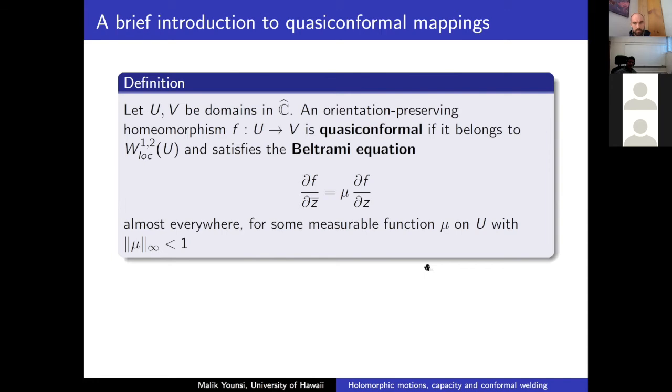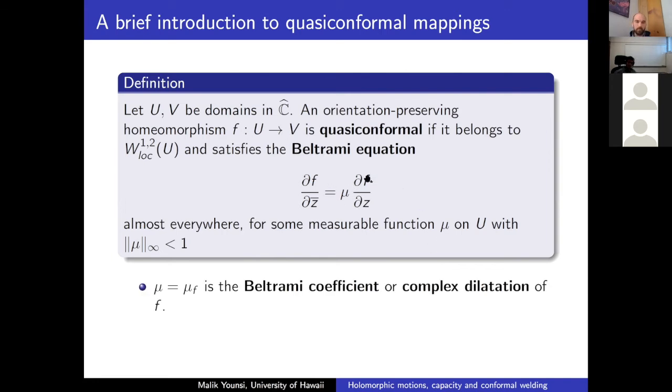And now if you look at this function mu, every quasiconformal mapping corresponds to one of these functions mu in the Beltrami equation, and this we call the Beltrami coefficient of the quasiconformal mapping. You can think of the Beltrami coefficient as some kind of measure of non-conformality of the map.